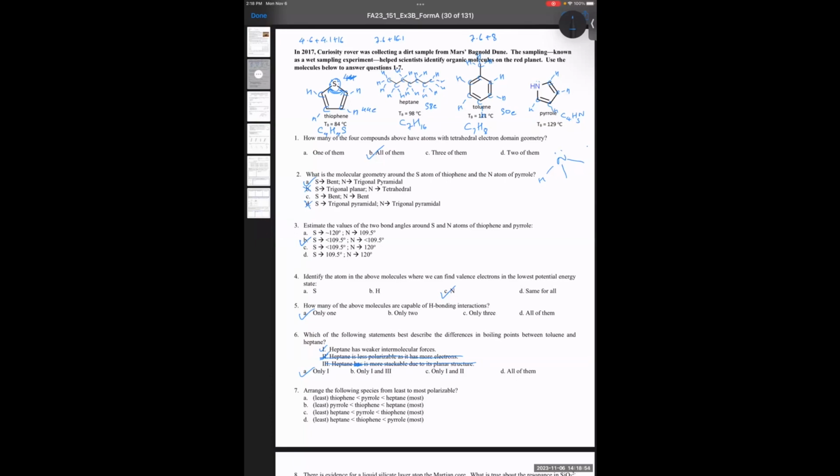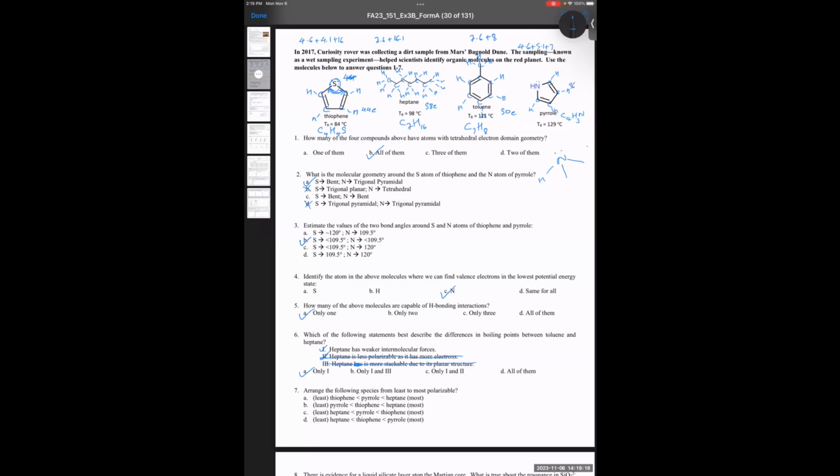And in pyrrole, we have 4 times 6 plus 5 times 1, plus nitrogen has 7 electrons because the atomic number of nitrogen is 7. So if you add them up, 24 plus 5 plus 7, only 36 electrons.